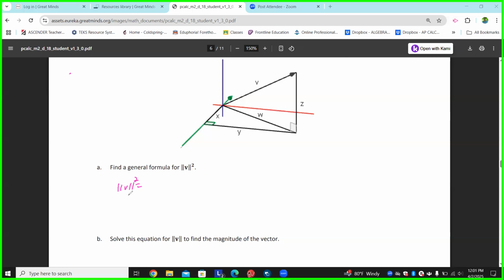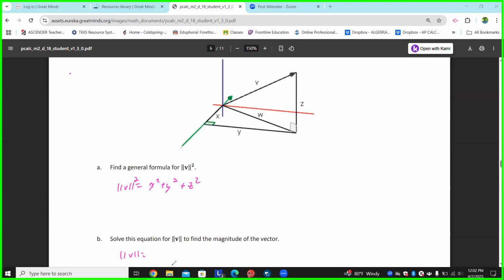So this is now magnitude squared. I'm going to lead into what the actual equation is on part B. But this right here would be the same thing as a squared plus b squared. Oh, my bad. XYZ. Let's keep it accurate. X squared plus y squared plus z squared.